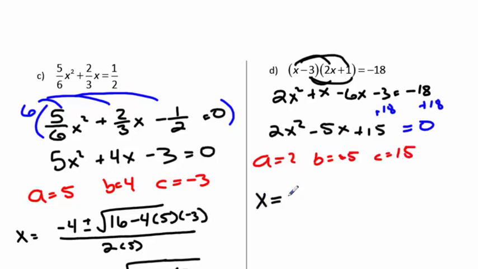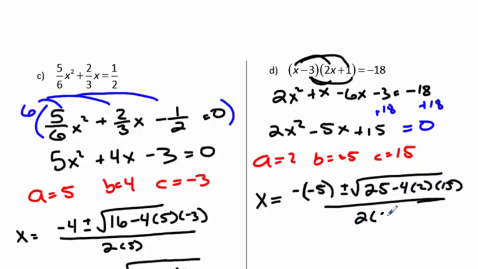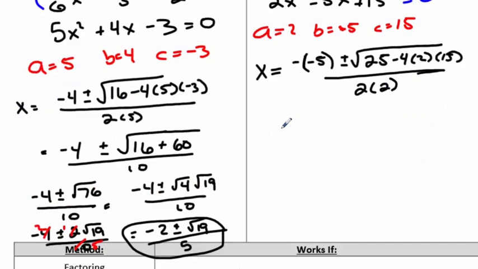So we have x equals negative b, so negative negative 5, plus or minus the square root of b squared. Negative 5 squared is 25, minus 4 times a times c, all over 2 times a. Negative negative 5 is positive 5, plus or minus the square root of 25 minus 4 times 2 times 15 is 120 over 4.